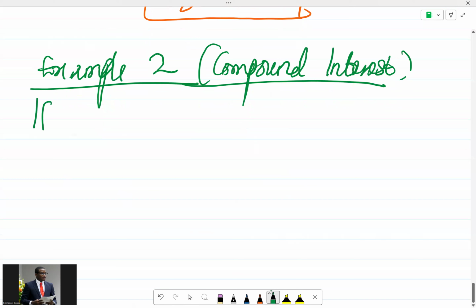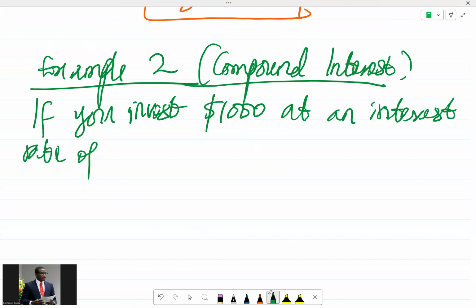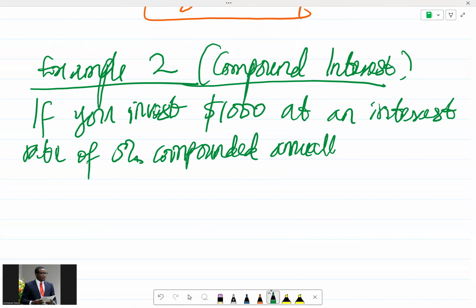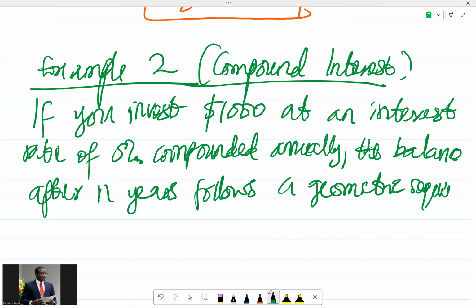If you invest $1,000 at an interest rate of 5% compounded annually, the balance after n years follows a geometric sequence.